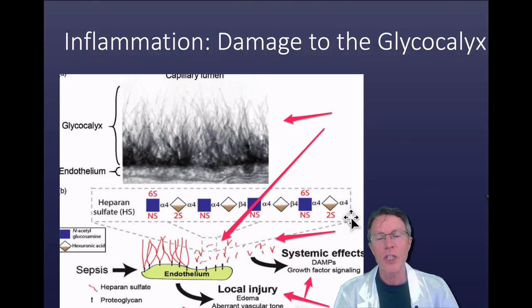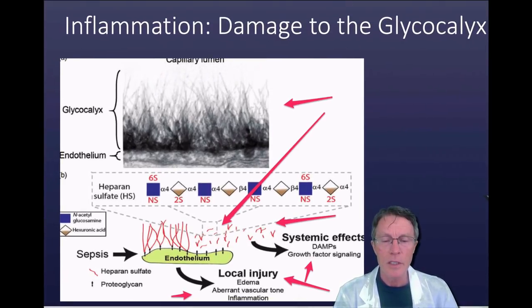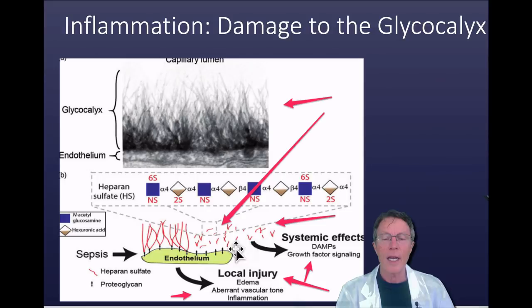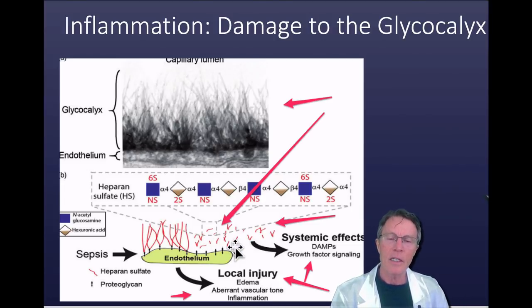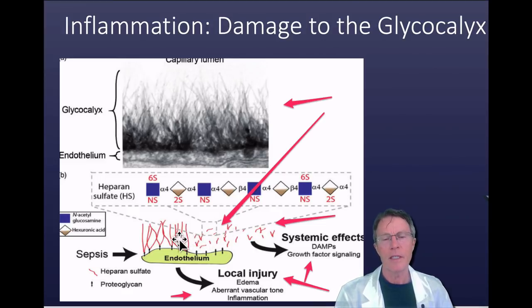If you look at our channel, how often have I discussed endothelium and systemic effects and inflammation? And what happens here? There's plenty of evidence that once you start getting damage to the endothelium and inflammation, maybe that mechanism is breaking down the glycocalyx.